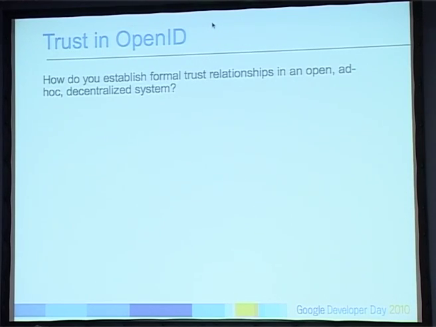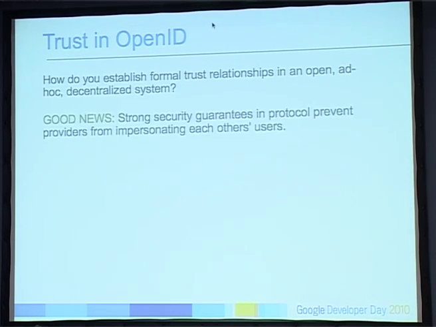So I want to go back to this issue of trust. Earlier, I mentioned using that identifier instead of the email as a primary key for looking up users. The reason for this is that the protocol itself has very, very strong guarantees for making sure that providers can't spoof each other's users, right? A Google provider can't assert user identities on Yahoo or MySpace or any other system.